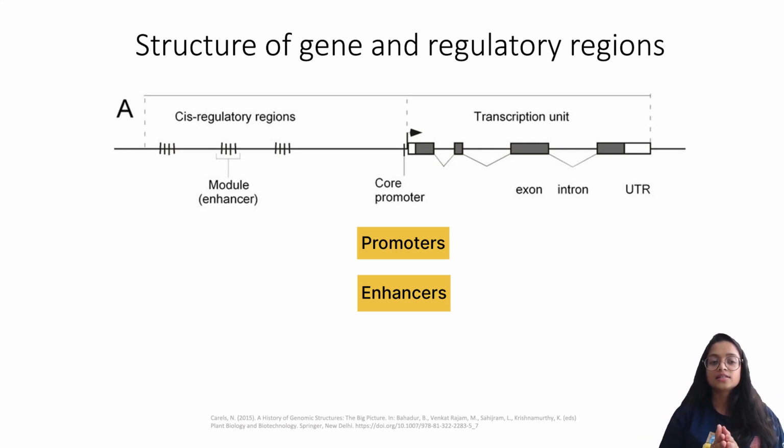Enhancers can increase or decrease the transcription of a gene, depending on the transcription factors that are binding to them. There are also silencers, which are regulatory regions that decrease the transcription of a gene. They are most often found upstream of the genes, but they can also be located within the genes.